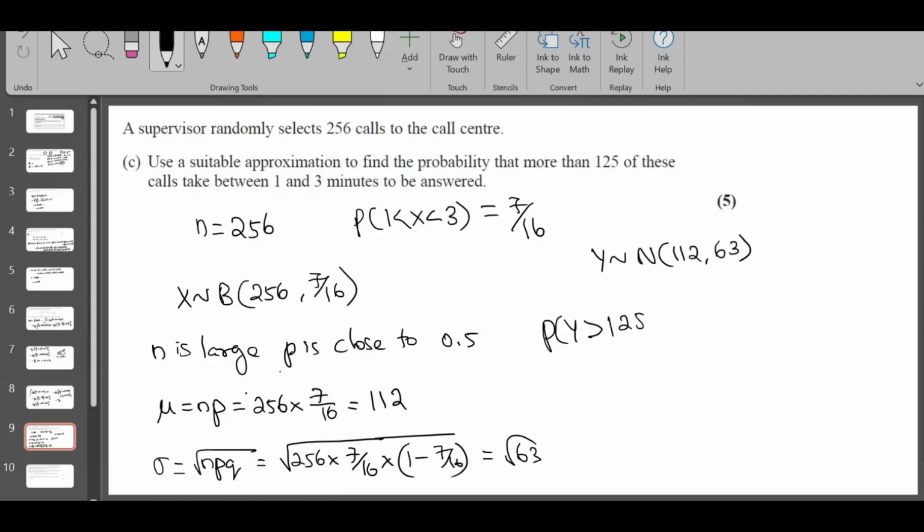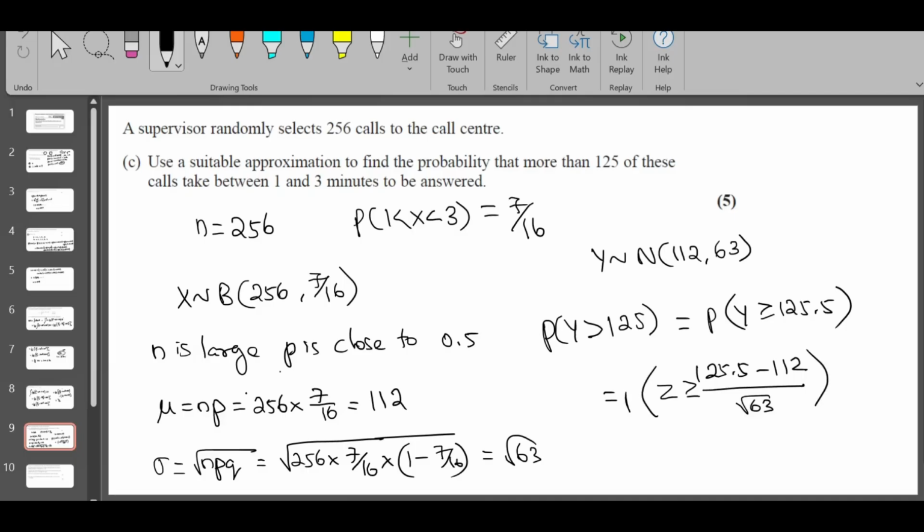They want us to find P of Y is more than 125. We need to apply continuity correction first. So P of Y is greater than or equal to 125.5. And then apply standardizing the normal distribution. Z is greater than or equal to x minus mu over sigma, and then using the method you learned in S1 normal distribution, get the value of this.